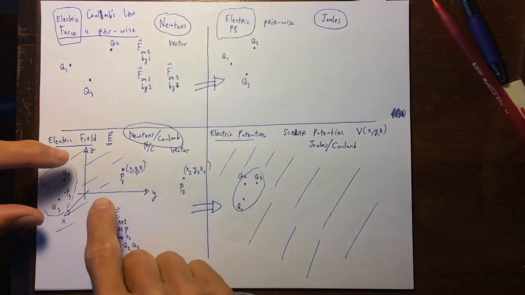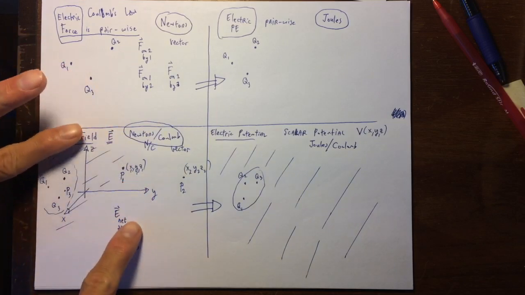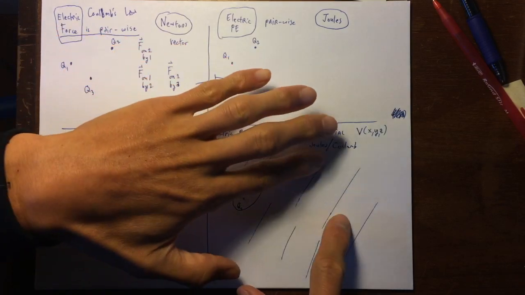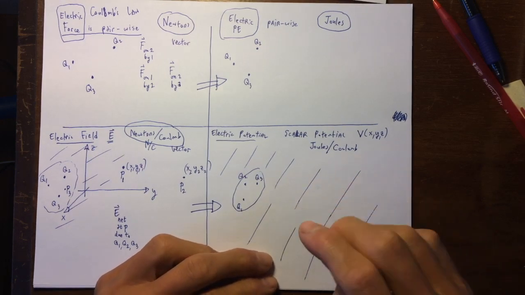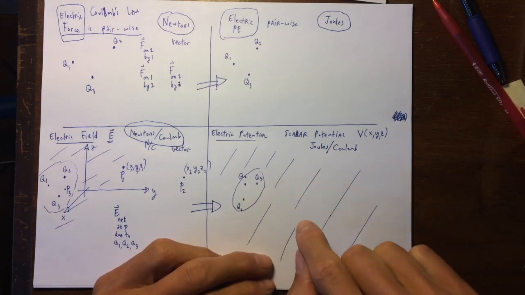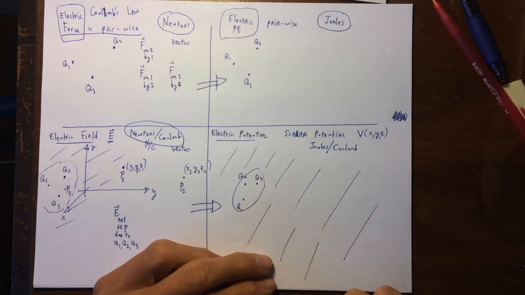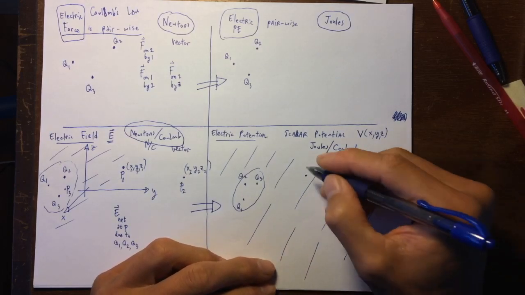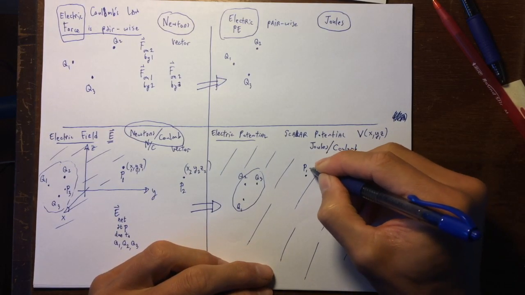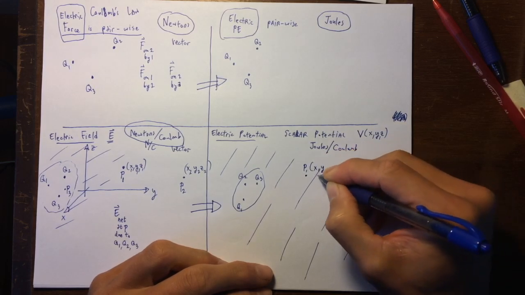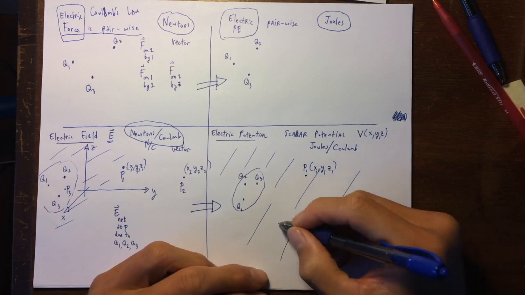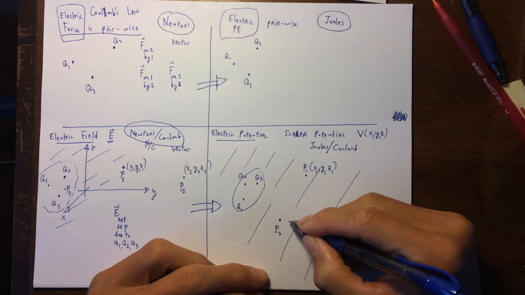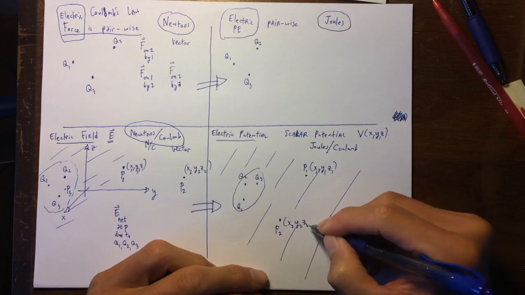And associated with this electric field, there is another way to think about the electric field. In fact, what you're thinking about is the integral of the electric field along paths between places. So there's a place, say P1, with coordinate x1, y1, z1, for example, and a place P2, whose coordinates are x2, y2, z2.